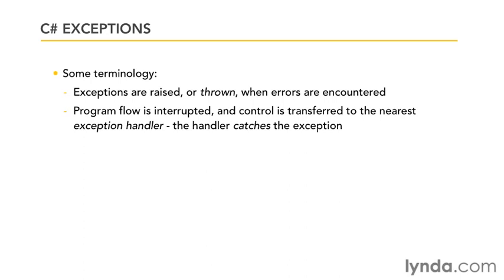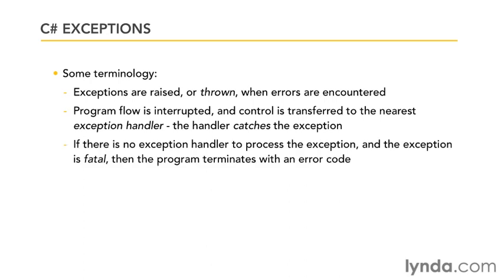You might say that the handler catches the exception. So the exception is thrown somewhere, and then it is caught somewhere else. Now, if there is no exception handler to process that exception, and the exception happens to be a fatal one, then the program just terminates with an error code. Now, not all exceptions are fatal, but some of them are. And if the exception that gets raised is fatal, then your program's going to stop working.